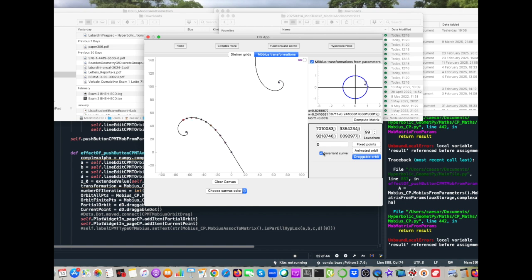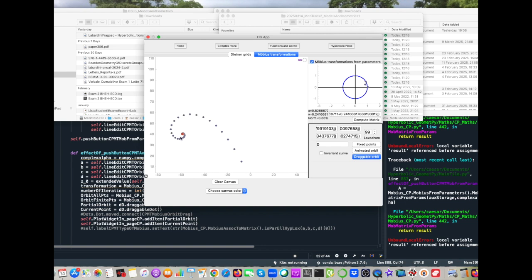Why did I draw the invariant curve? Sorry, the plan was to first see just how it looks, right? Compute matrix.